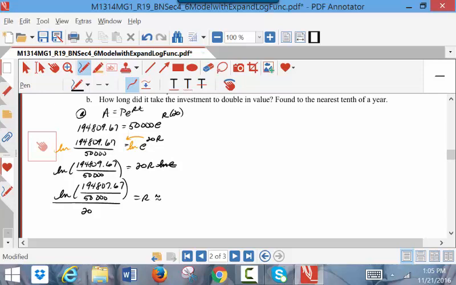Okay, and I show it's about 0.068, so 6.8%. Okay, 6.8%.